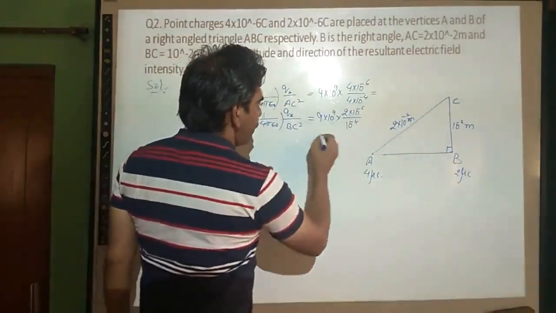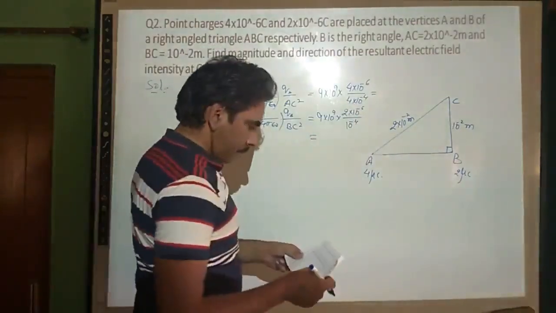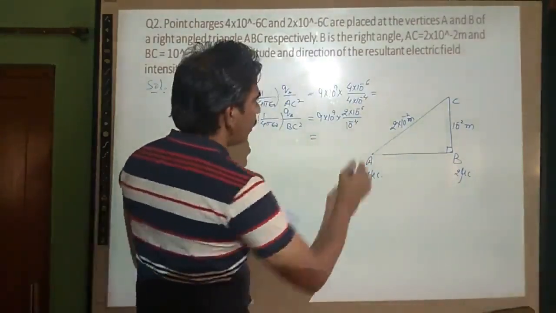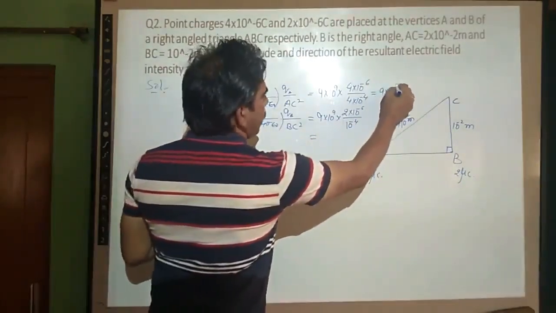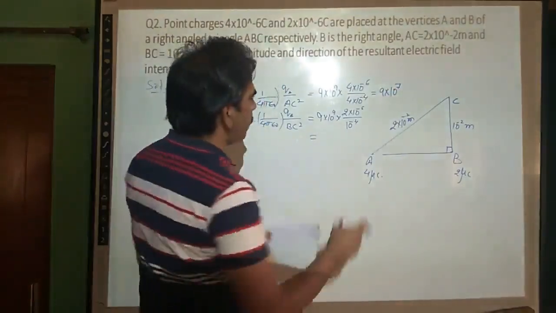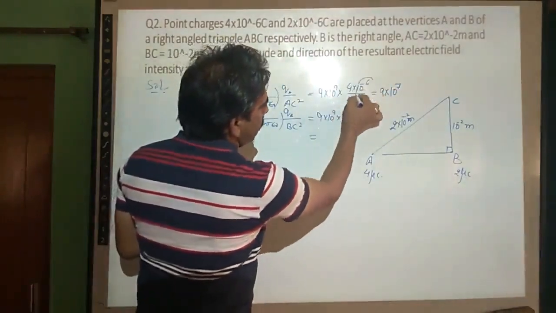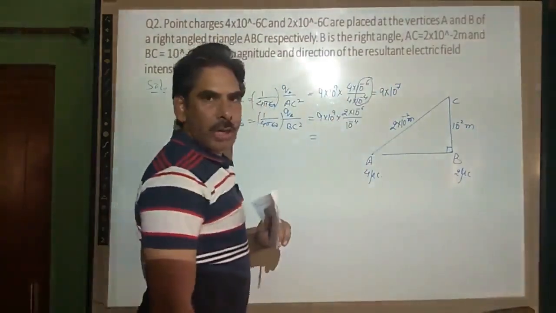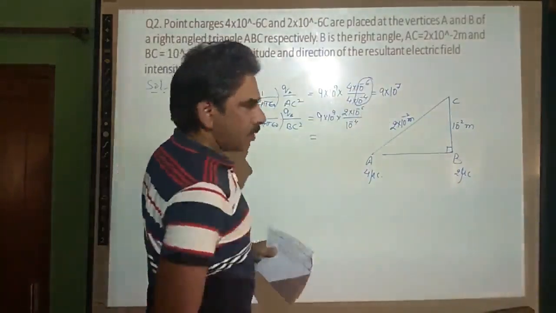Just make calculation and write the results. So results are EA is 9 into 10 to the power 7. Right? If you make calculation, it will come out to be 10 to the power 7. 4 cancels out with 4. This order gives 10 to the power minus 2. 10 to the power minus 2 into 10 to the power 9 gives 10 to the power 7.